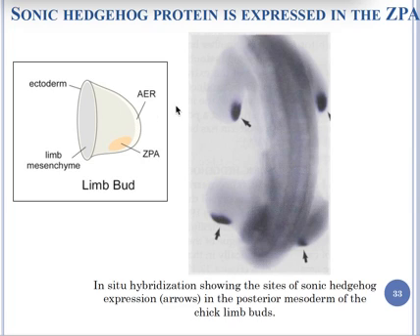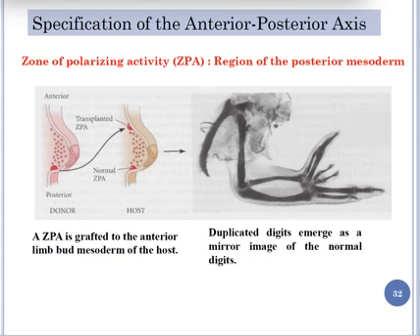The second signaling center I want to talk about now, responsible for the anterior posterior growth of the limb, is called the ZPA. The ZPA is the zone of polarizing activity. It's a region of the posterior mesoderm. So this is the posterior mesoderm, this is the anterior mesoderm, and this is where the ZPA is usually located.